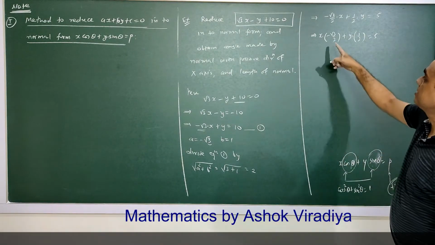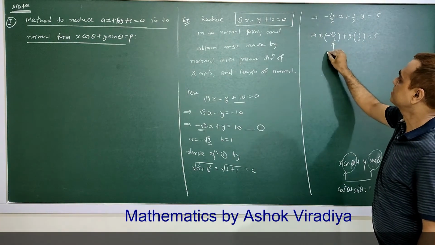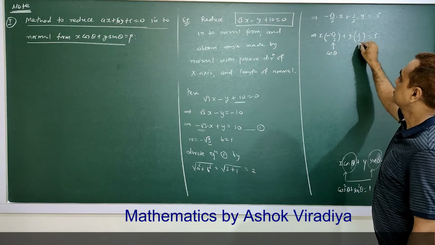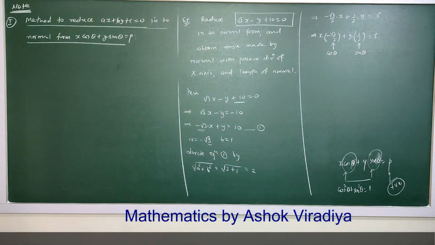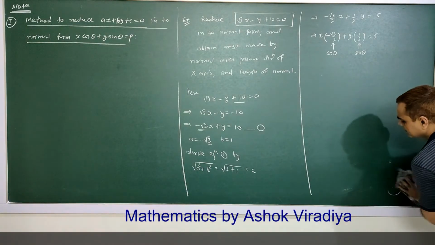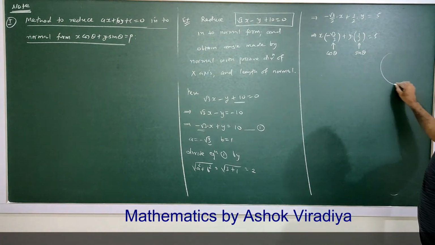Now see, this is cosine theta and this is sine theta, because the sum of their squares is 1. Now what is theta? To calculate theta, we take help of the unit circle.